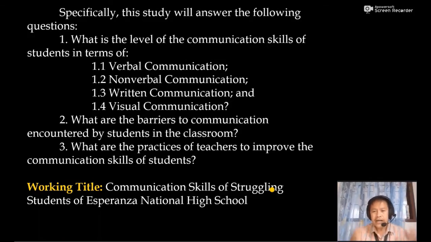You are going to study the communication skills of the students who are in the lower sections, who are encountering language deficiency. Okay, so that is how you're going to conceptualize your research problem. Take note, the research problem is composed of the general problem and the specific problems. And the specific problems are the research questions. Okay.